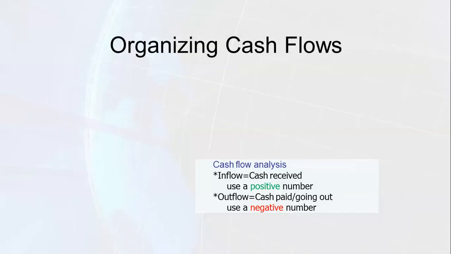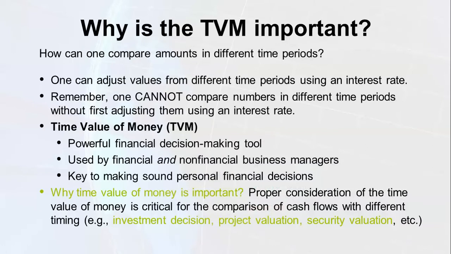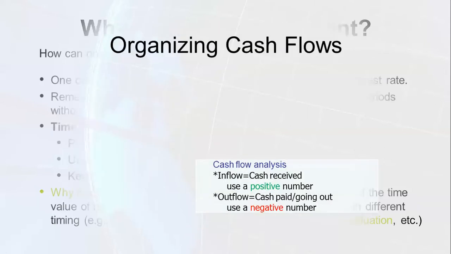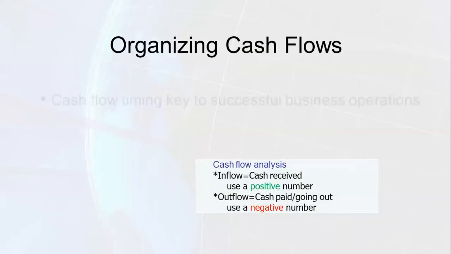I would say it's the most important concept in finance, because once you understand how time value of money works, there will be no problem for you to understand other material. For example, security valuation, capital budgeting, all of these different things in finance use the time value of money concept to solve finance problems.